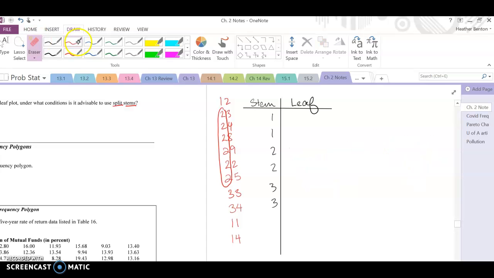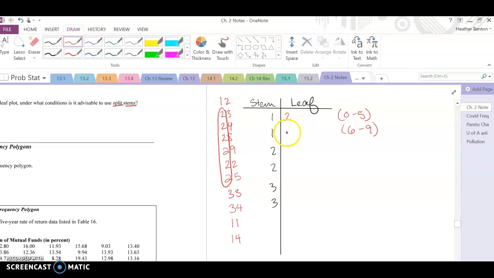And so what we do is we split stems. We make 2 1s, 2 2s, and 2 3s, so on and so forth, 2 4s. And so 1 2, you'd have 0 through 5 on the first stem, and then 6 through 9 on the second stem. So that's how that works.